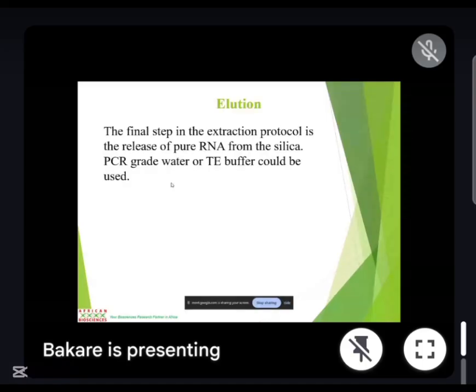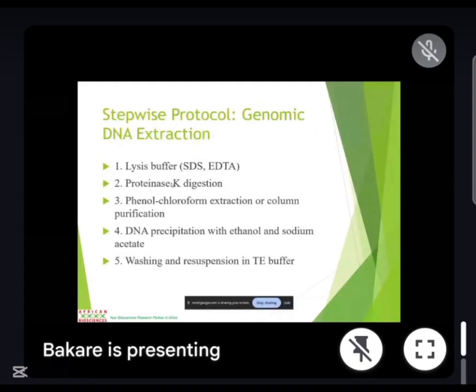That's why whenever we finish, we get a paper towel, we just place the spin column there, and after we check our concentration and we see that it is good, we can now discard them. So that is for elution. So we are done with our extraction.